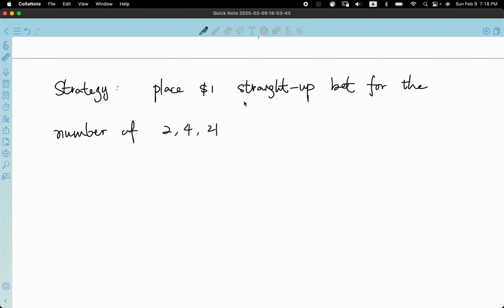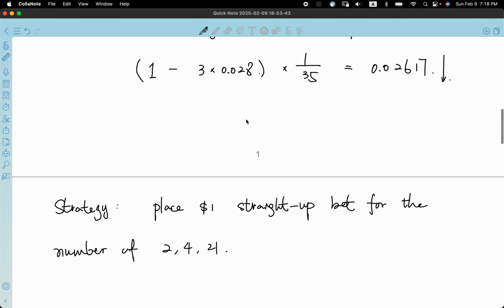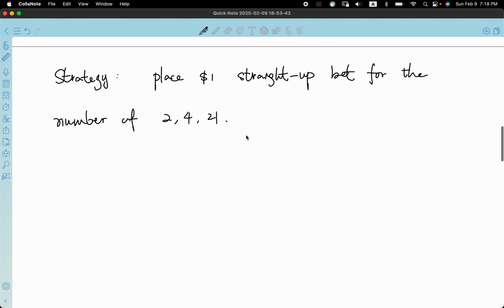For this kind of biased wheel, we are going to apply this particular strategy to exploit the bias, and then we want to see whether we can gain money in the long run or not.